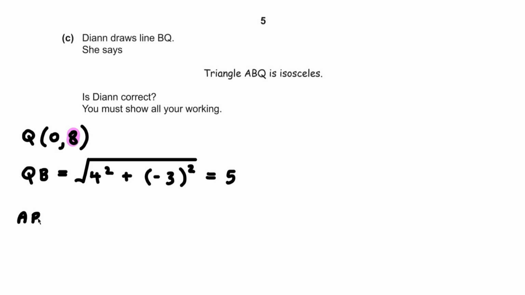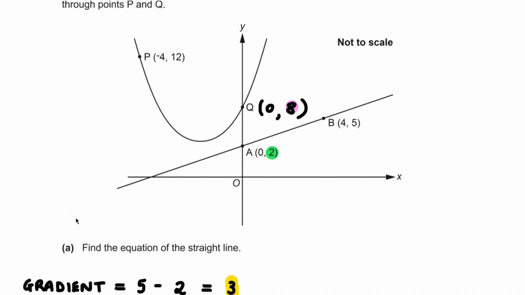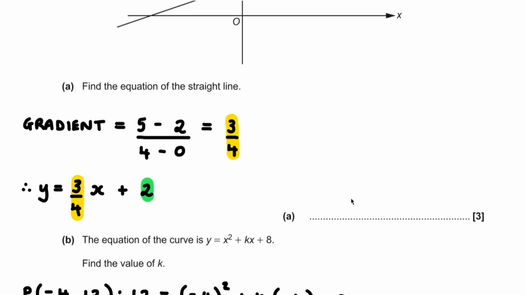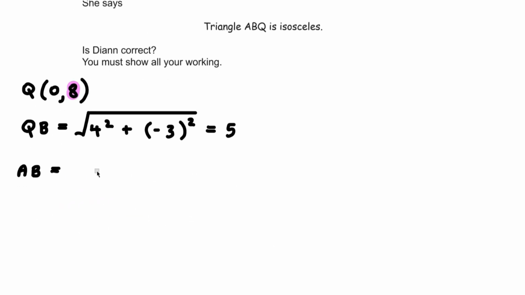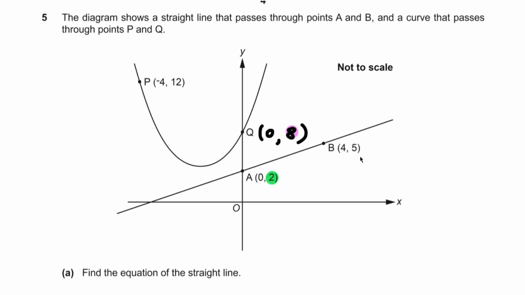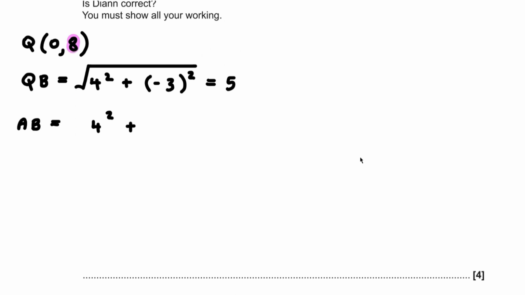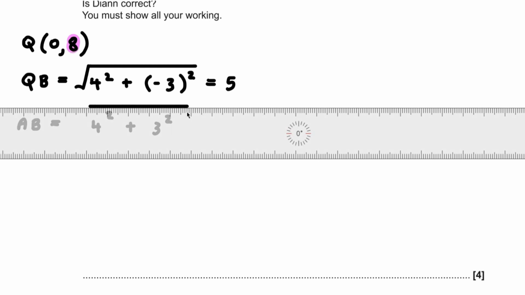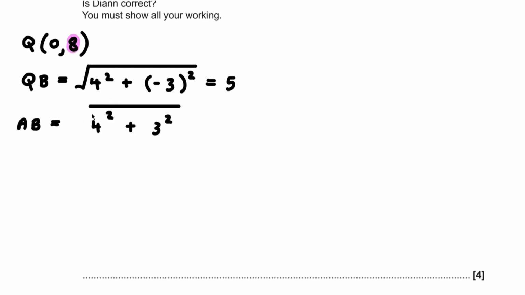Similarly, AB will have to consider the change in x and the change in y. So I'm going from 0 to 4, so that's just 4. And I've got squared. Then I've got the change in y. So I'm going from 2 to 5, so that's 3. Then a square. And then I square root.